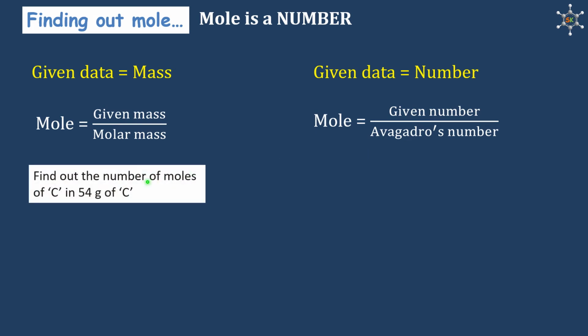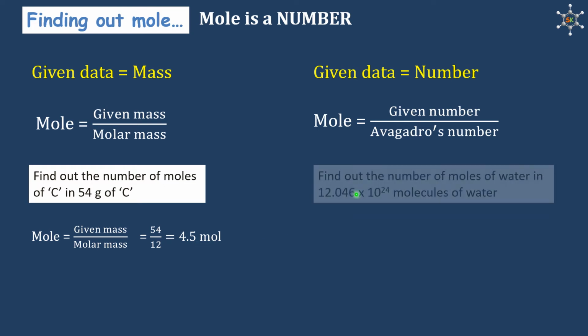Example, find out the number of moles of carbon in 54 gram of carbon. Given data is in the form of mass. So, the equation is mole equals given mass divided by molar mass. Given mass is 54 gram and molar mass of carbon is 12 gram. With this ratio, we get the answer as 4.5 mole.